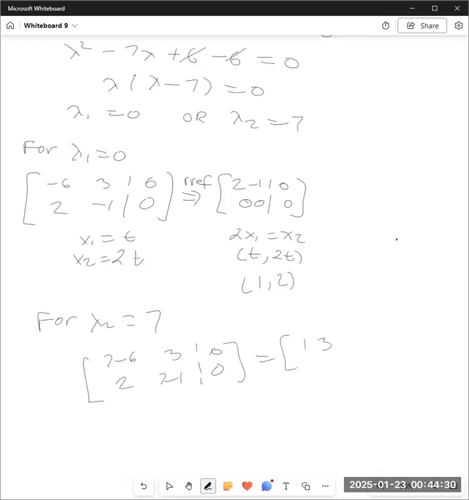That's 1, 3, 2, 6, 0, 0. When I reduce that, I get 1, 3, 0, 0. And so that means that x1 is equal to negative 3 x2. x2 is equal to t. So I'm going to call this negative 3t. And so I look at my coefficients here, negative 3, 1 for my eigenvector.